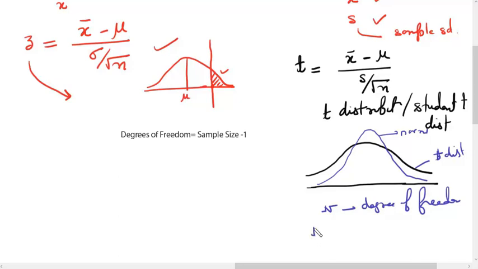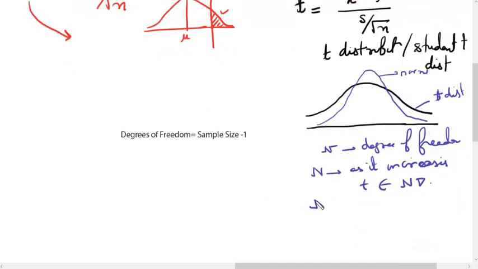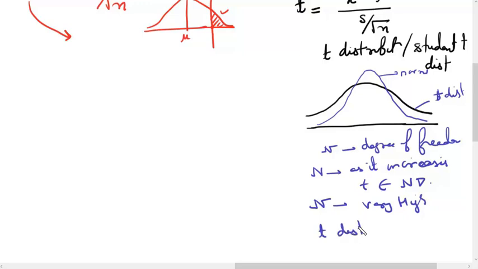As the degrees of freedom increase, the t-distribution moves closer to a normal distribution. For very high degrees of freedom, a t-distribution is similar to a normal distribution.